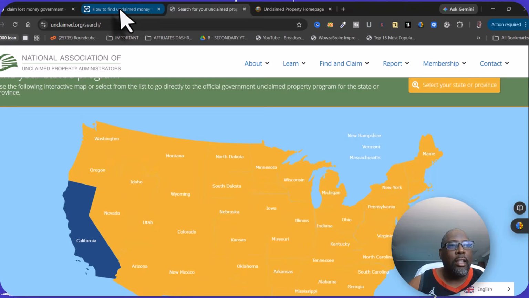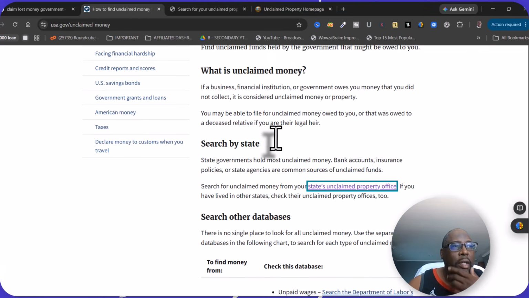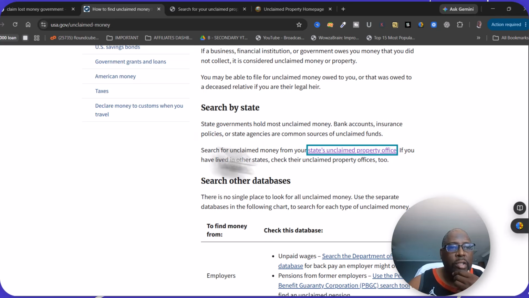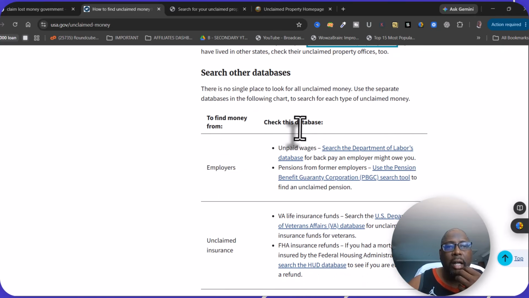Now, here's another one. When you go here, USA.gov, unclaimed money. All right. And when you're searching by state, there are other databases for you to look for free money. For your employers, you may have had a pension plan, a 401k plan, money that you didn't even know was out there that you can claim. You may have a family member that possibly deceased, right?